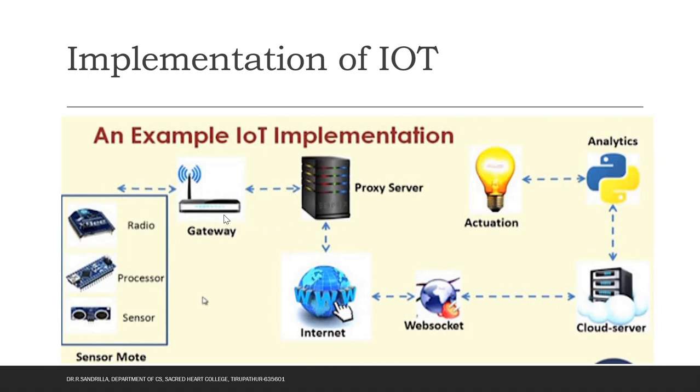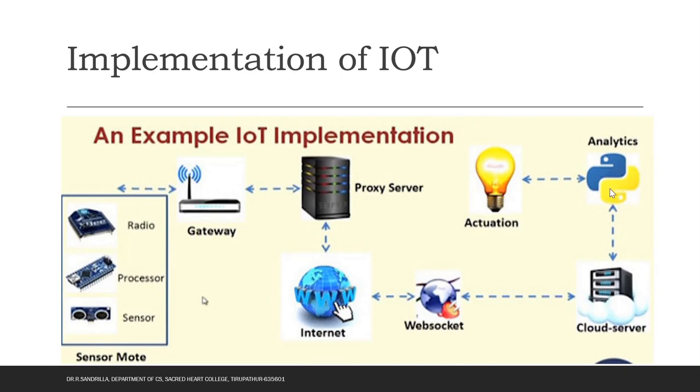From the gateway, the sensor passes the data through a proxy server to reach the internet. Then the data passes through a web socket, and from the web socket the data moves to the cloud server, where the backend processing and analytics take place.